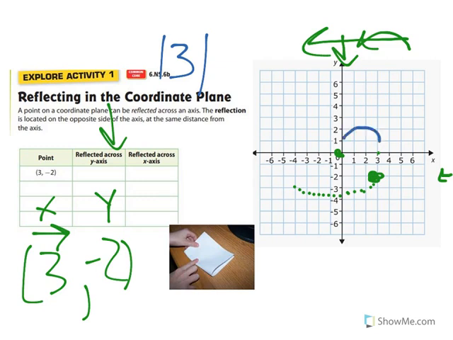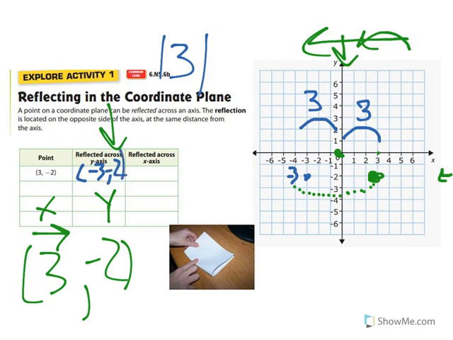What's the absolute value to get to 0? That's 3. Now I'm going to go 3 on the opposite side, which brings me to -3. So it's -3, -2. There's my point. My point across the y-axis is -3, -2.